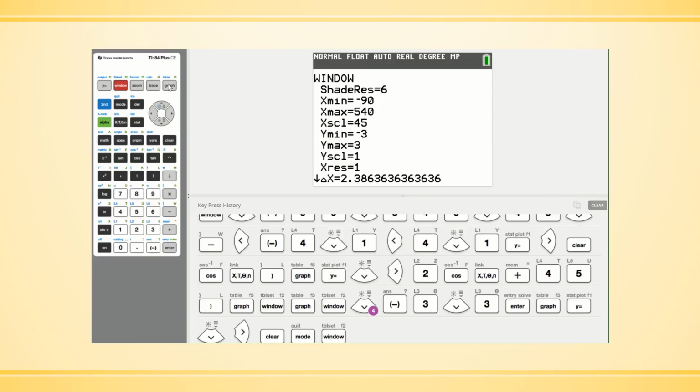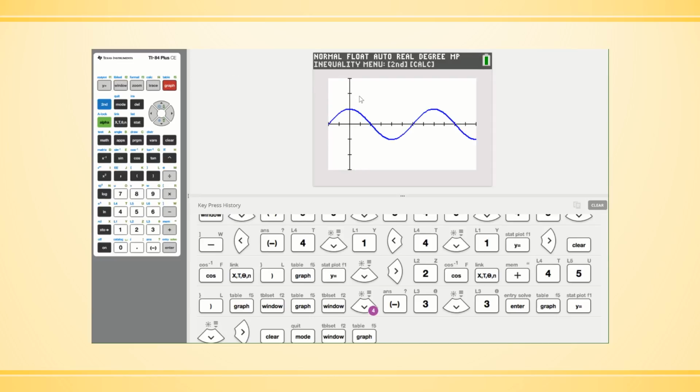Now, I'd already entered the basic cosine function. Let's just go take a look at that. And you can see that we got a peak here at 1, we got a trough down here at -1, and we've got one full cycle going from right here where x is equal to 0 and y is equal to 1, all the way over to this point where x is equal to, let's see, 1, 2, 3, 4, 5, 6, 7, 8.